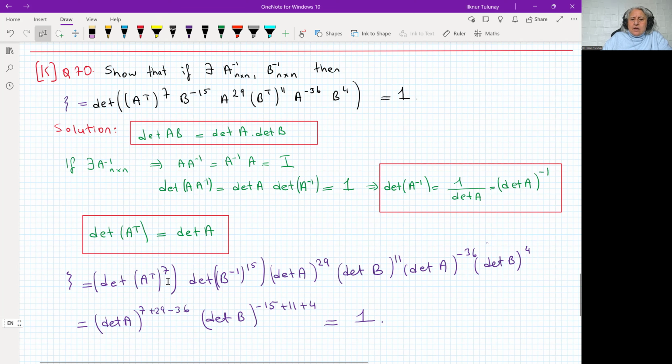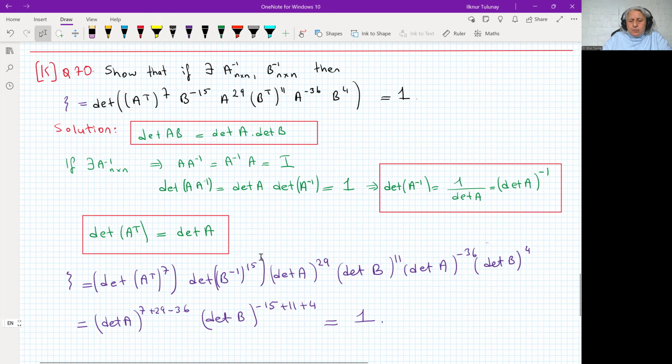The first thing I've done here is take the multiplications of the matrices, and I can rewrite them as the determinant of each of them. So the determinant of A transpose will not change anything, so that will be exactly the determinant of A. This is the 7th power here, which will stay there.